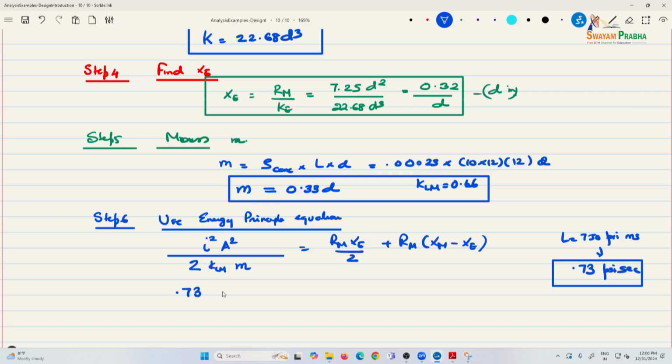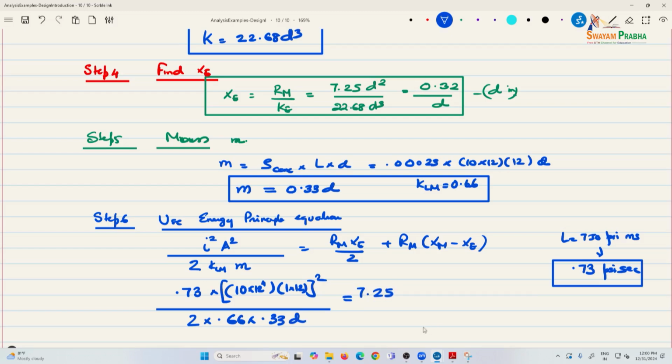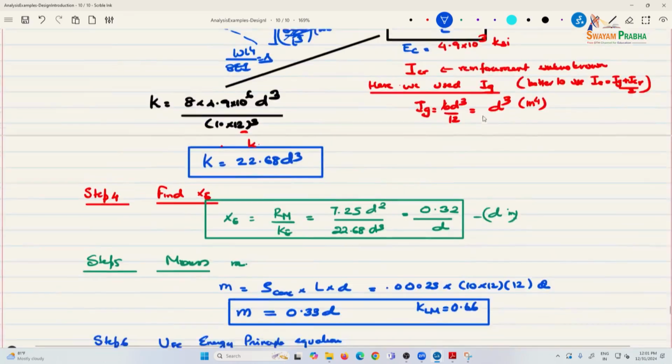So, this is 0.73 and the area is height multiplied by width square and 2 times 0.66 multiplied by 0.33 d equals to 7.25. The Rm is 7.25 d square multiplied by Xe. Yeah, this is Rm Xe.